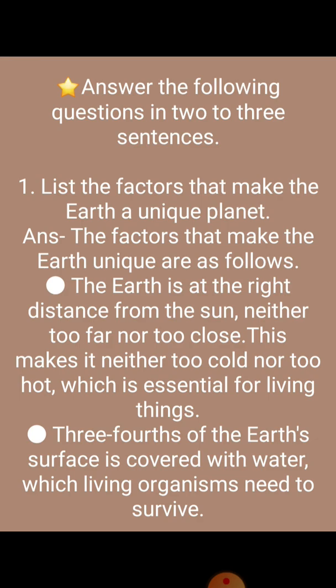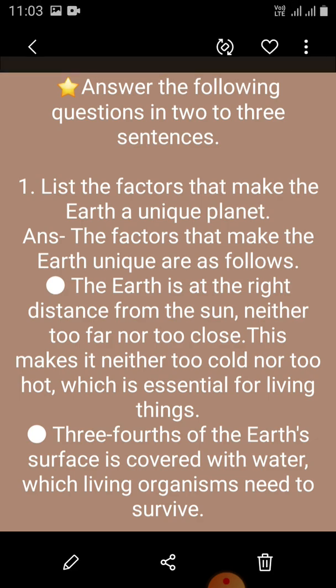The earth is at the right distance from the sun, neither too far nor too close. This makes it neither too cold nor too hot, which is essential for living things. 3/4 of the Earth's surface is covered with water, which living organisms need to survive.